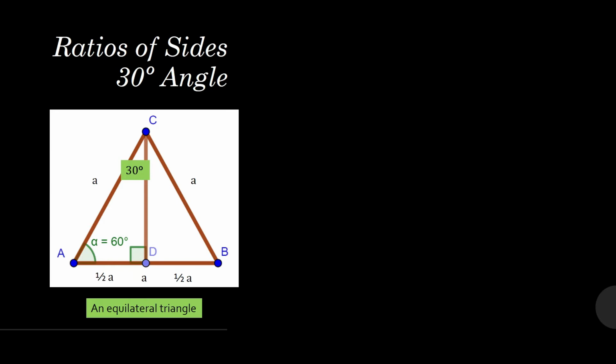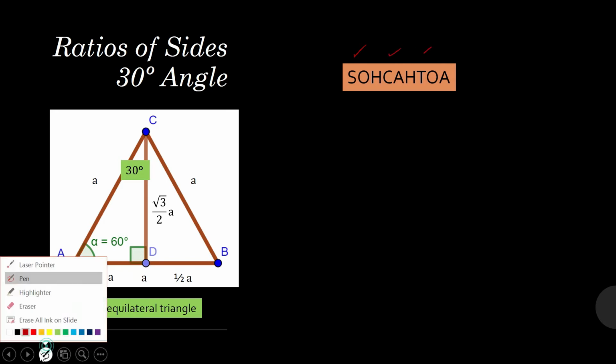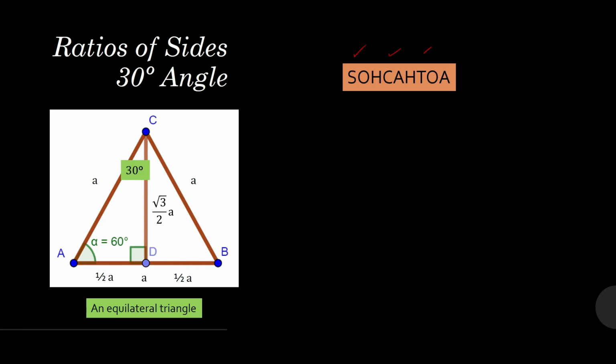So what are the 6 trigonometric ratios of a 30-degree angle? We always go back to SOHCAHTOA. S is for sine, C is for cosine, and T is for the tangent function. Sine is opposite over the hypotenuse.